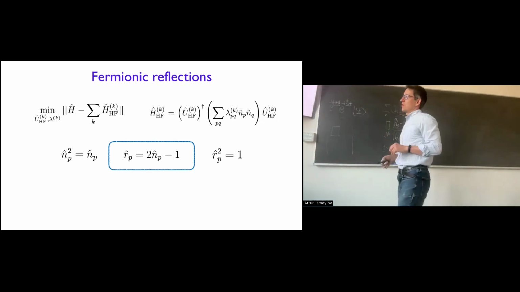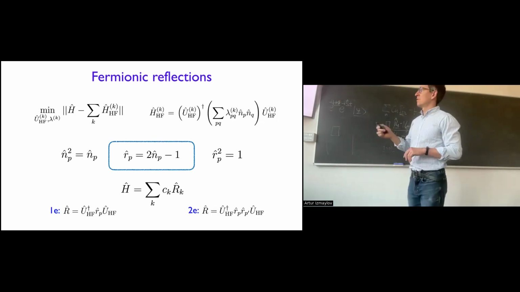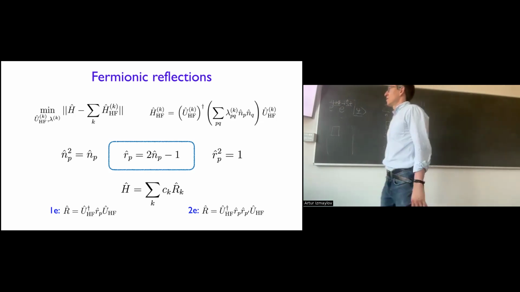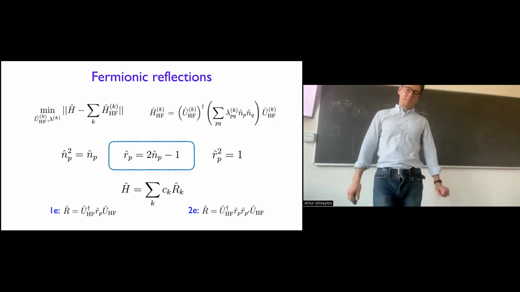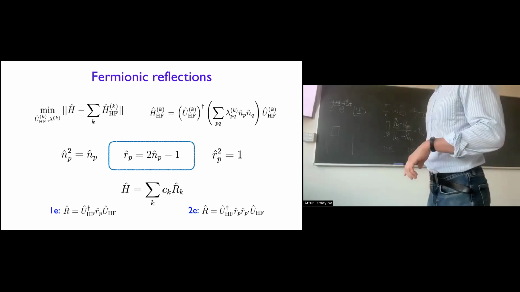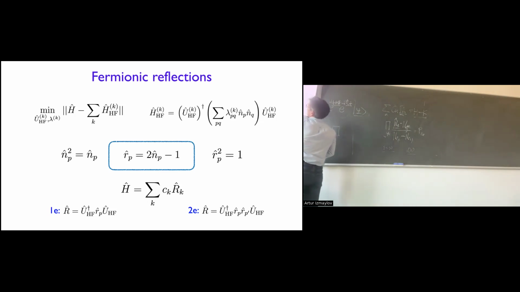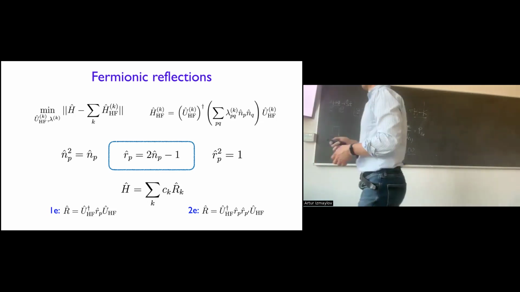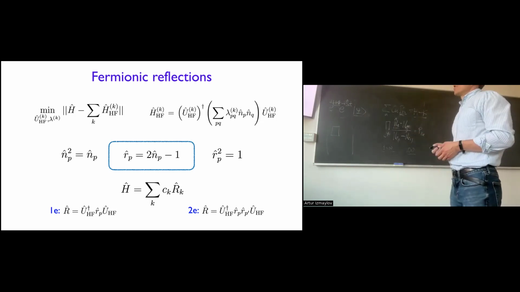So the n's are projectors, n squared is n, but the r's are then reflections. So you turn all the projectors into reflections and you get more complicated unitaries that are now conjugated with these orbital rotations. The two-electron unitaries come from the two-electron part, and single-electron unitaries come from the one-electron part. And that's how you could do bigger unitaries as well.